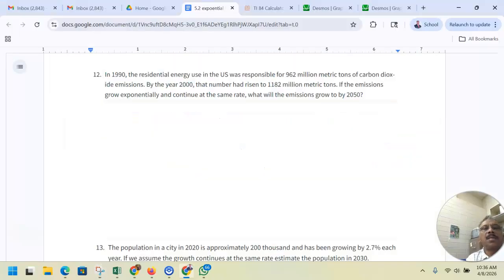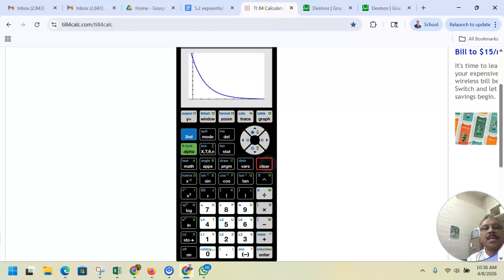Clear everything and go to second, okay, clear. We want to put 962 times, open this, 1.0208, close it, go up, put 60, and you get the answer. So simple. Oh, I think I messed up there. So go backspace, enter. So it is 962 times this, yeah, correct. You got the answer.